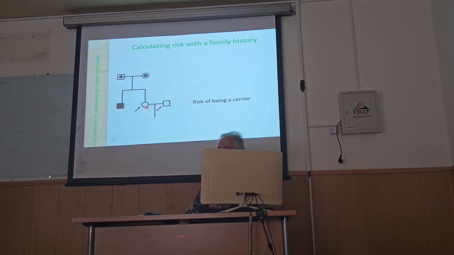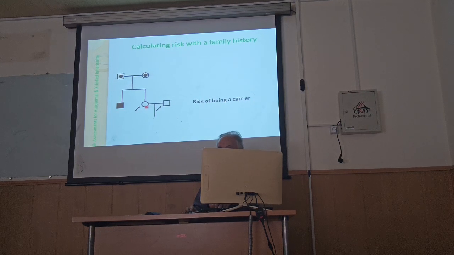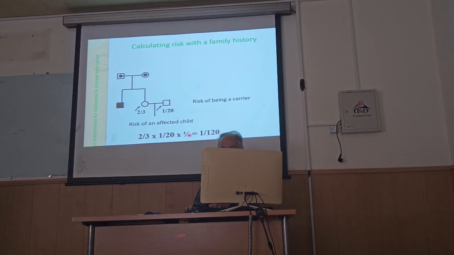There is a chance of 2/3, and the population risk is 1/20. So 2/3 multiplied by 1/20 multiplied by 1/4. The chance is 1 by 120.